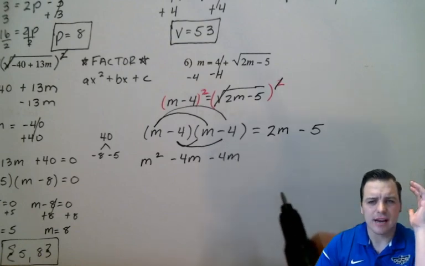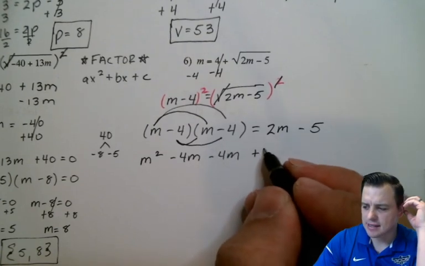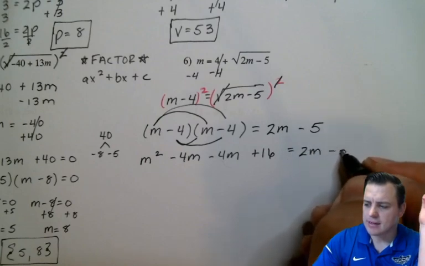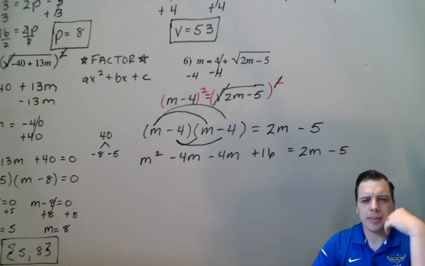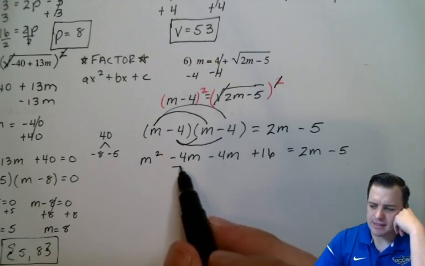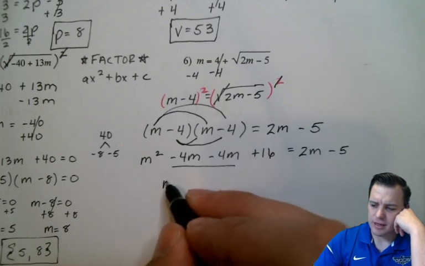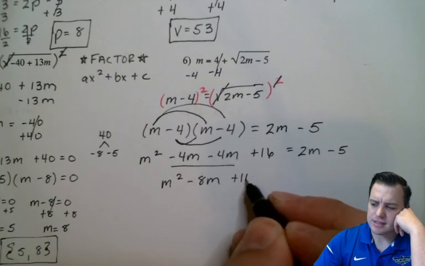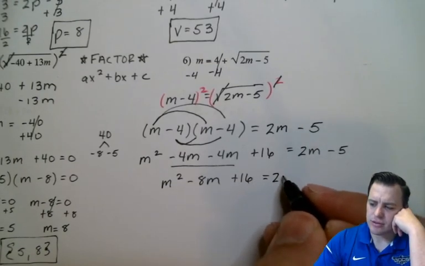Negative 4 times negative 4 is positive 16. Is equal to 2m minus 5. Now, once we combine these like terms right here, we get m squared minus 8m plus 16 is equal to 2m minus 5.